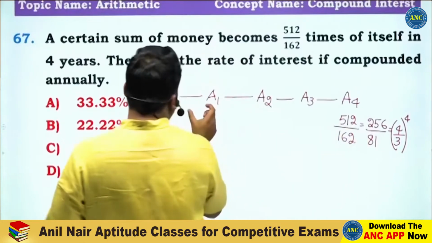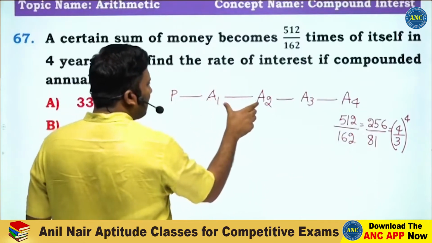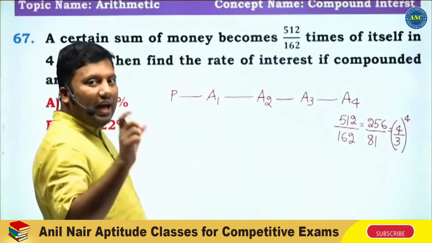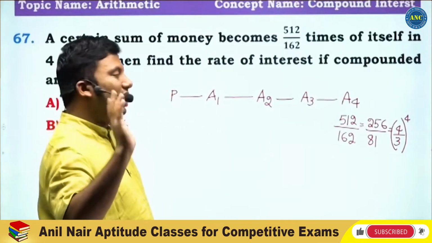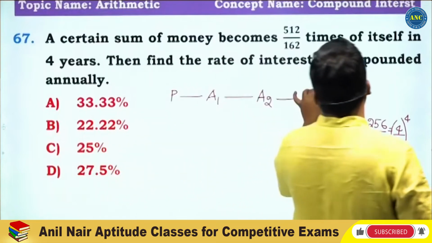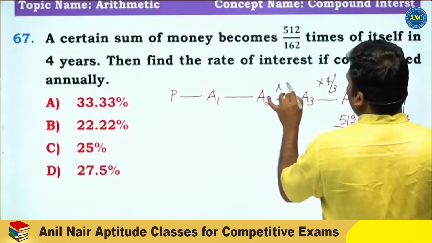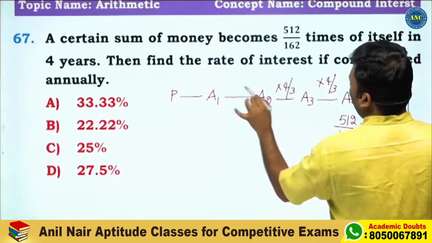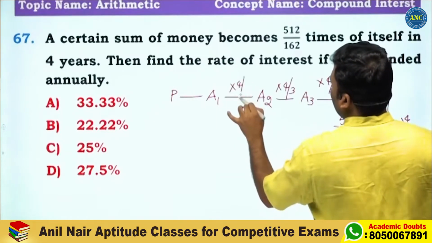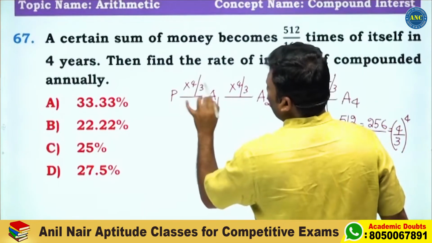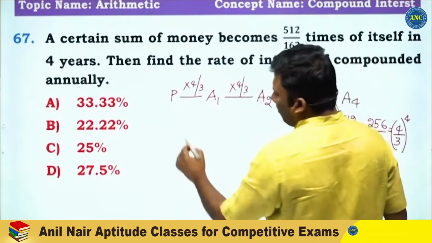How many time intervals are there? One time interval, second time interval, third time interval, fourth time interval. Every time interval, the scaling factor is the same. So this will be into 4 by 3, and into 4 by 3, into 4 by 3, and into 4 by 3.